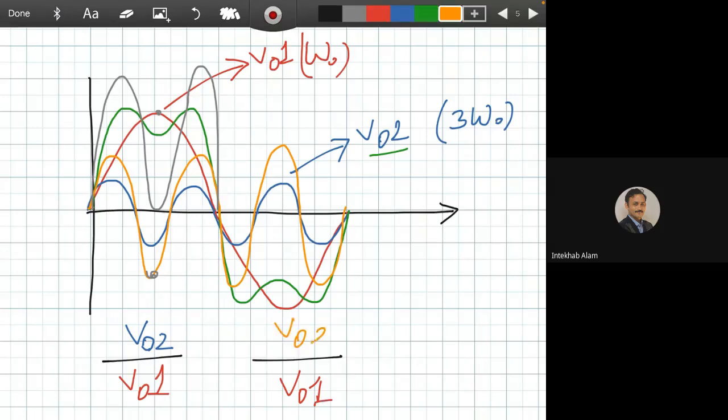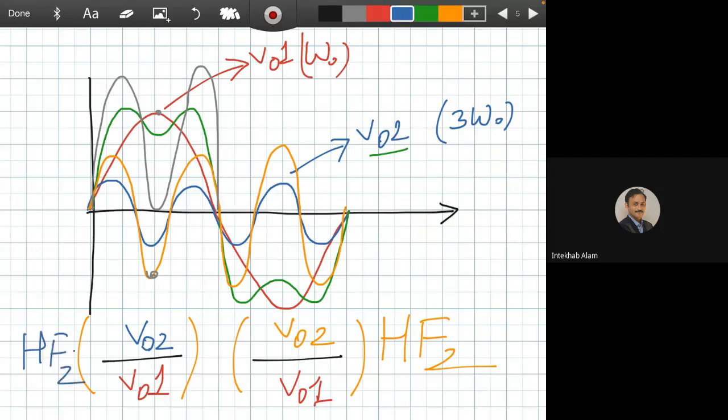So this one is one harmonic factor and this one is another harmonic factor. We are defining this as HF2, and we are defining this one as HF2 also, the blue one and the orange one.